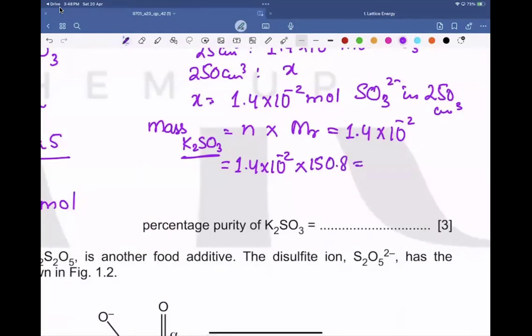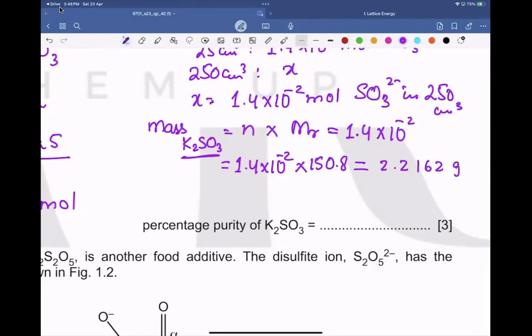So if you multiply them, you will get the mass of pure potassium sulfite. Can anyone multiply it and tell me the mass? 2.2162 grams.